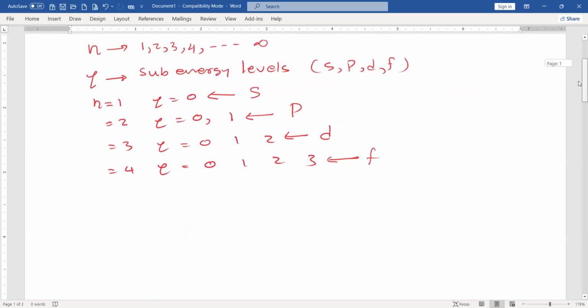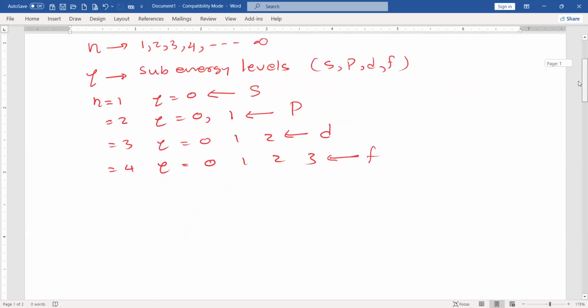Then depending on the L value, we have different ML values. ML represents the atomic orbital. It depends on the L value.